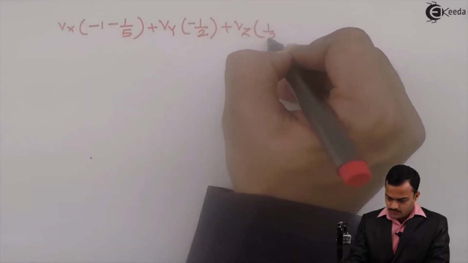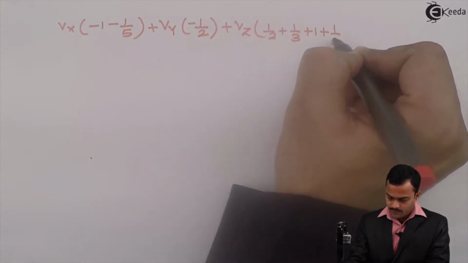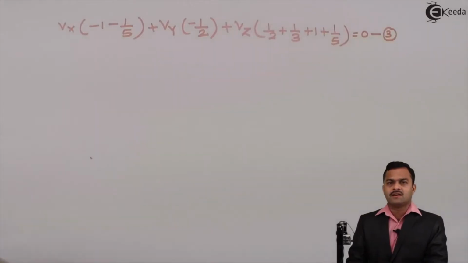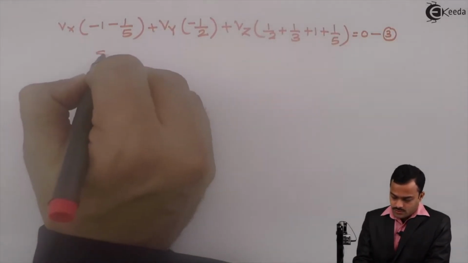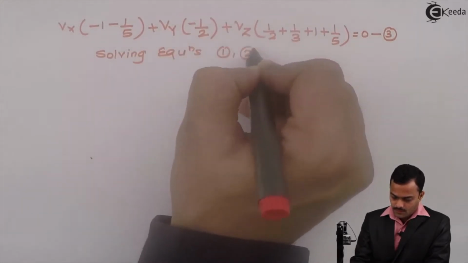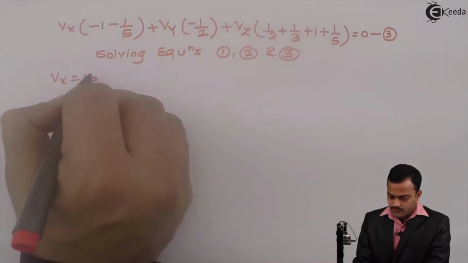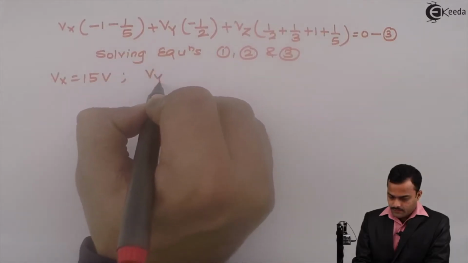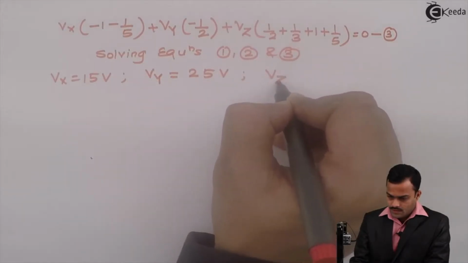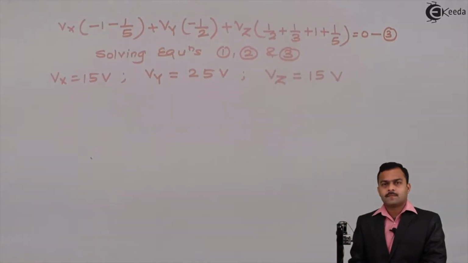So it's 1/2, 1/3, 1 and 1/5 equal to 0. I am getting equation number 3. So solving equations 1, 2 and 3, I will get Vx equal to 15 volt, Vy equal to 25 volt and Vz equal to 15 volt once again.